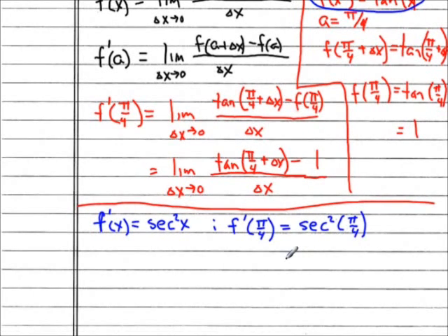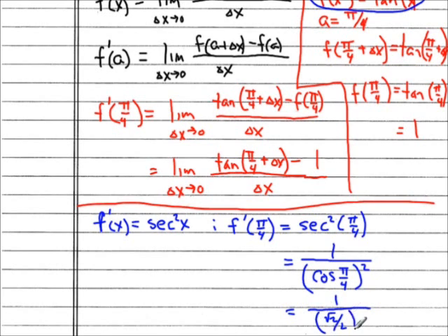So we'll think through this a little bit. And okay, secant of pi over 4. Secant is actually 1 over cosine, isn't it? So what we really have here is 1 over the cosine of pi over 4, squared. And the cosine of pi over 4, we may recall, is the square root of 2 over 2.